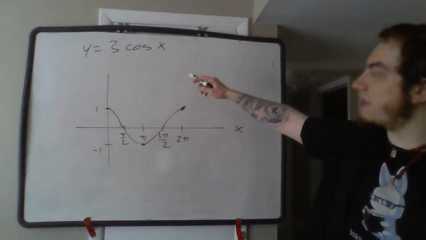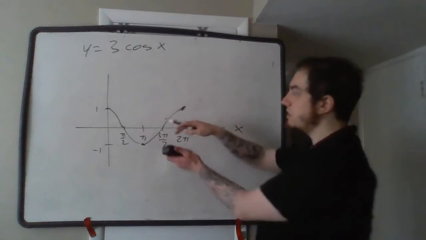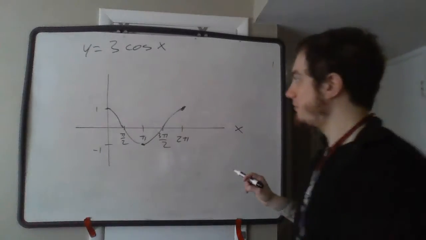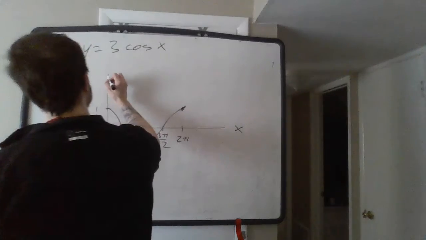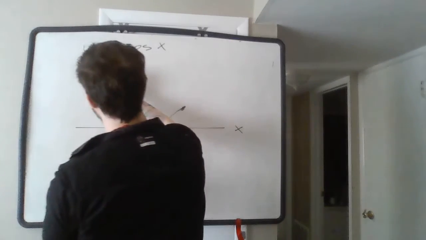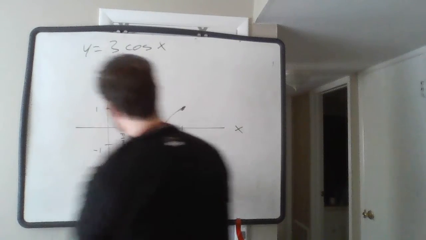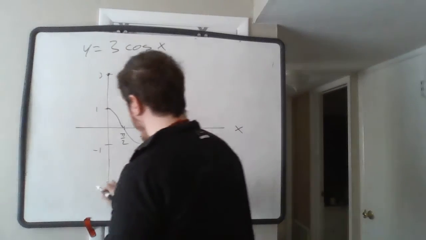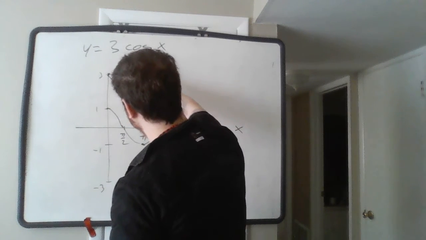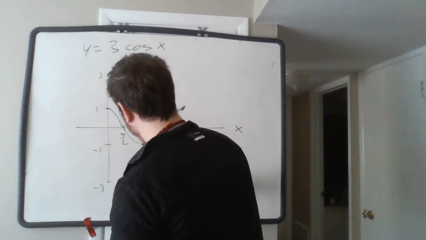And if I multiply that by 3, all that's going to do is stretch things by a factor of 3. In other words, now instead of starting at 1, it would start up at 3, and instead of going down to -1, it would go down to -3. But otherwise, it would keep the same basic shape.